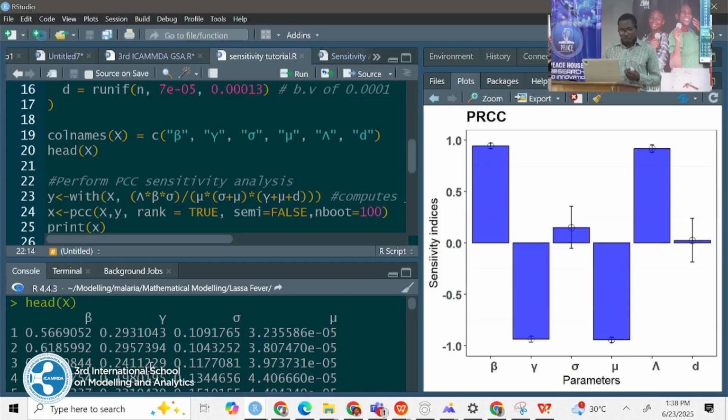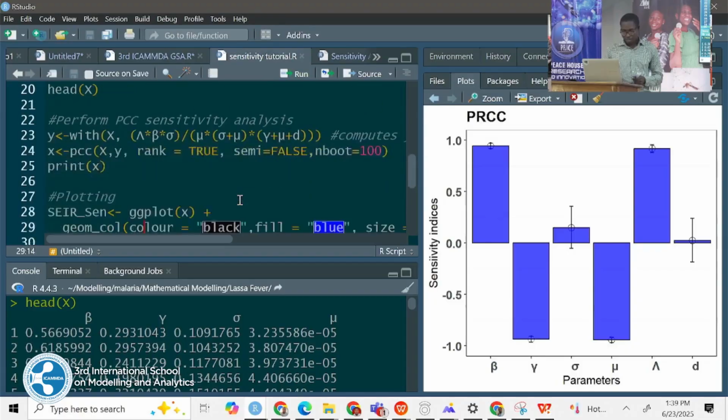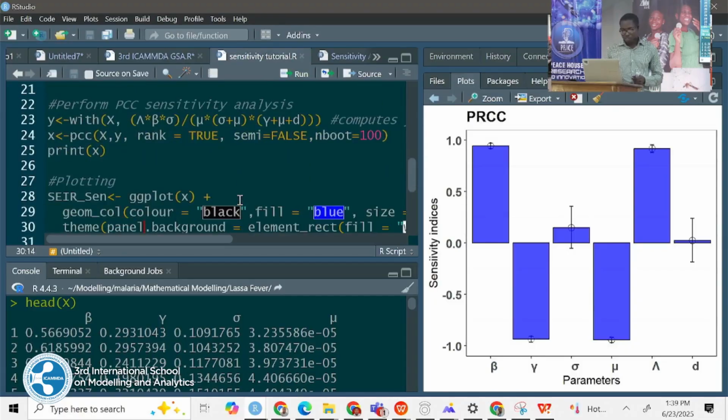So we perform the sensitivity analysis. Our Y is given as this, where this is my R0. That's the value of my R0. Expression R0, lambda times beta times sigma over that. Then we also did, line 24, the PCC for that. Then we can print it and we plot using ggplot.